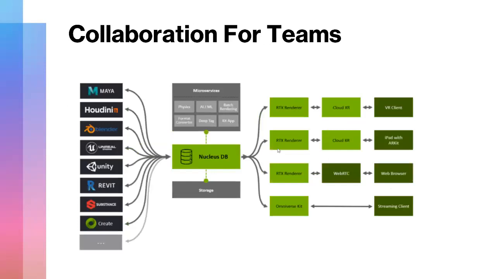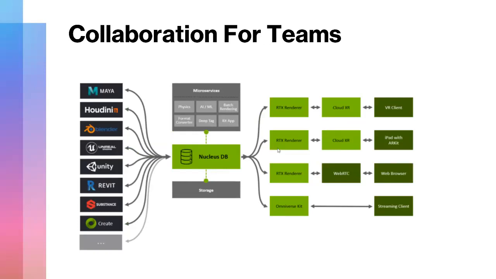Okay, and then the next big thing is that Omniverse is trying to be the collaboration tool for anybody working in visualization. Like I mentioned before, they have these CloudXR applications, and even a WebRTC application to connect to the browser. They also have a way to stream directly to each person's client what other people are seeing.